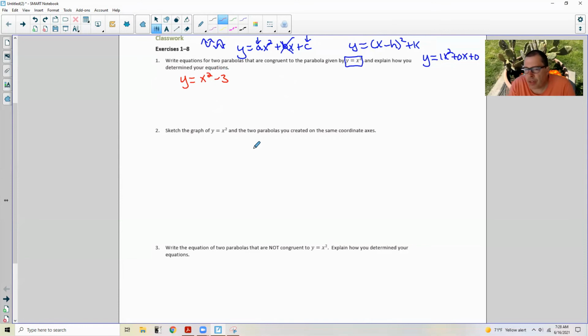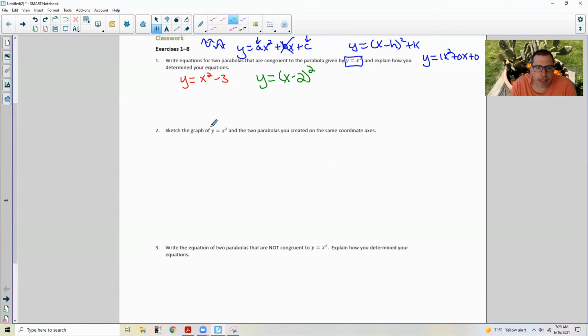If I want to move it left or right, then I could write y equals (x minus 2) squared if I move it right 2. Okay, so there's two equations, shifted down 3, shifted right 2.